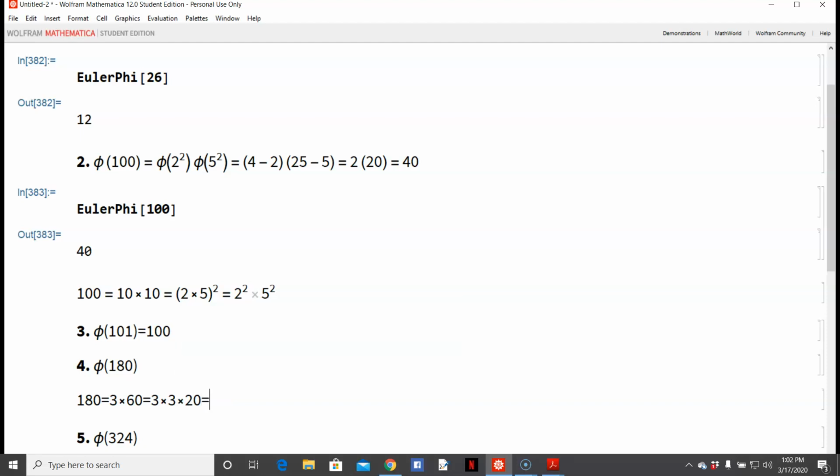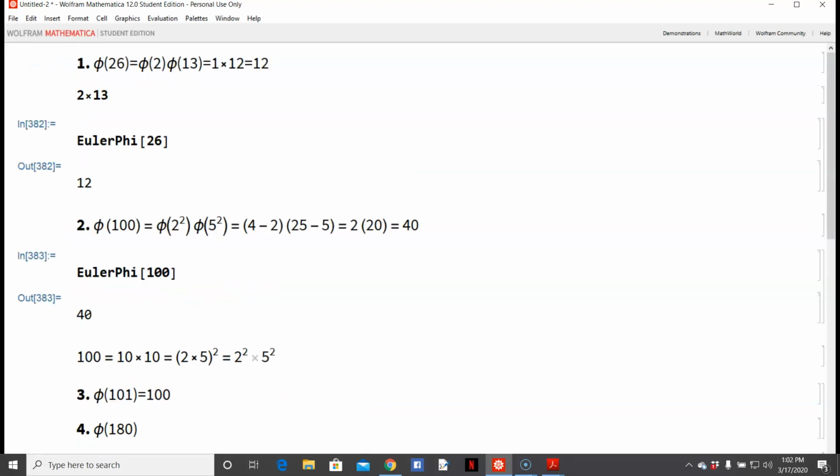And 20 is 4 times 5. Okay, so this is 3 squared times 2 squared times 5.